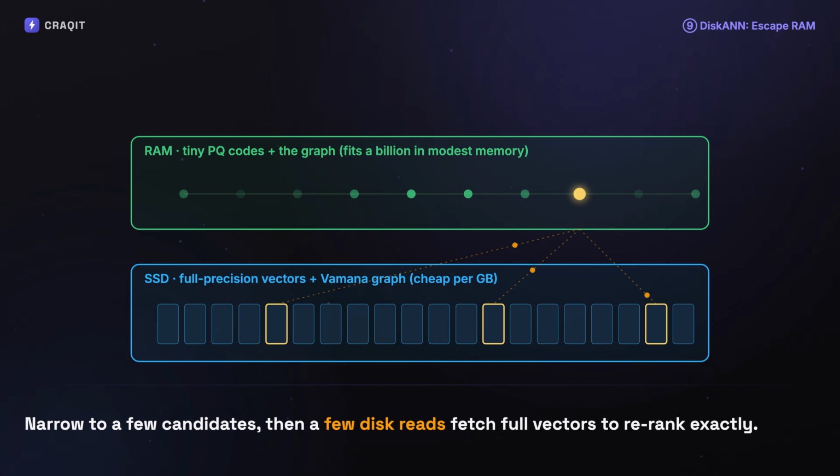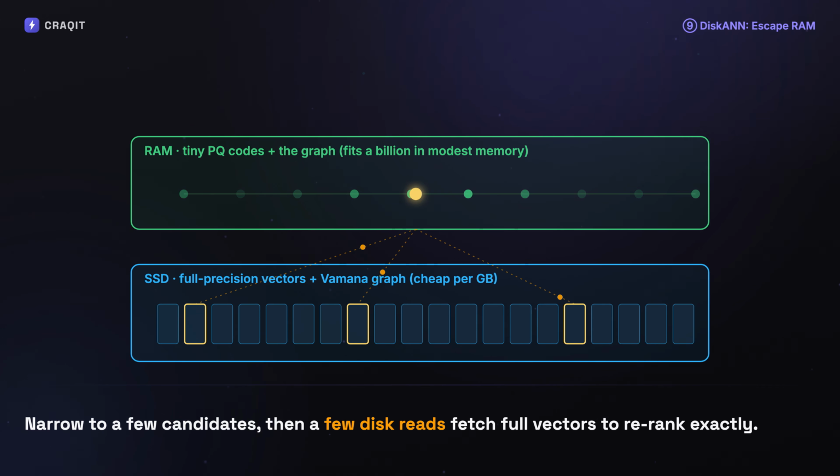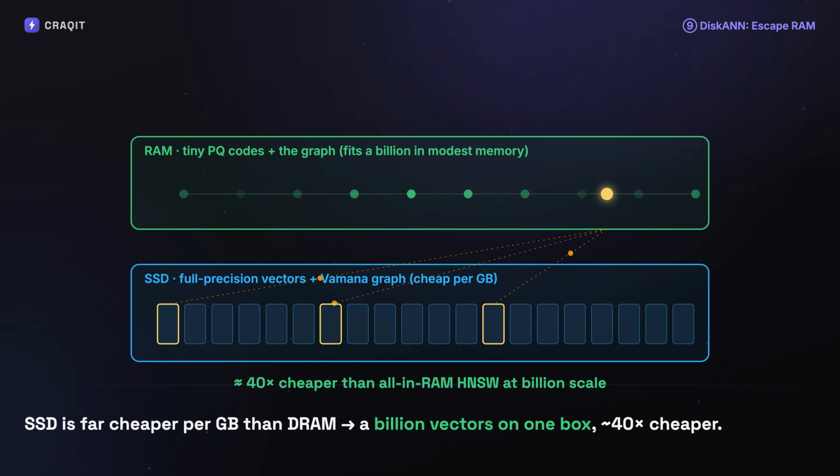But now the slow tier is an SSD instead of RAM. The payoff is dramatic. You serve a billion vector index from a single machine at high recall for something like 40 times cheaper than the all-in RAM HNSW equivalent, because SSD is orders of magnitude cheaper per gigabyte than DRAM.